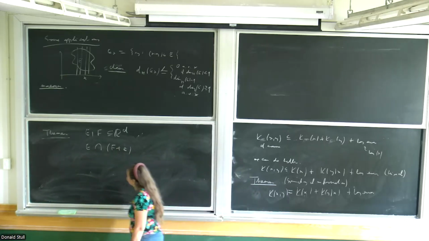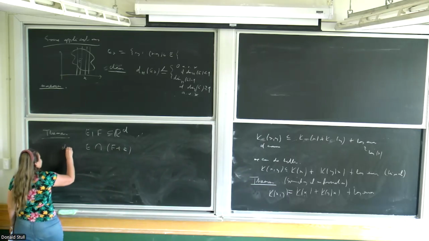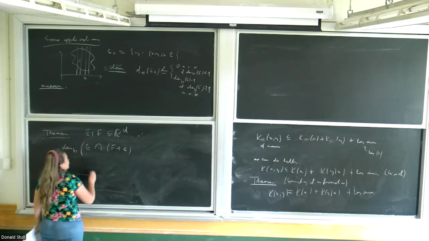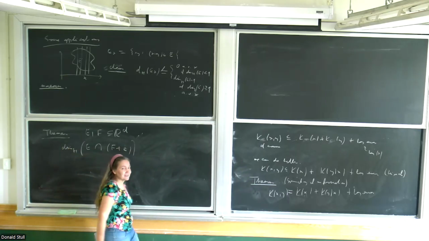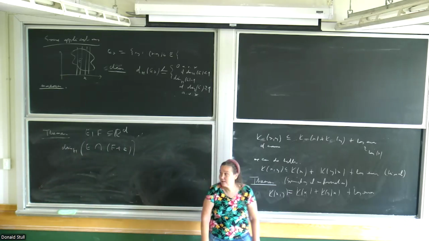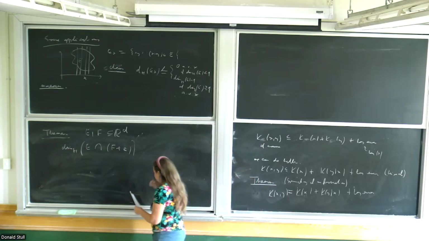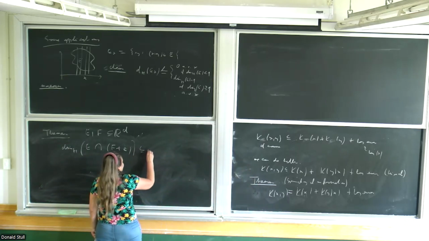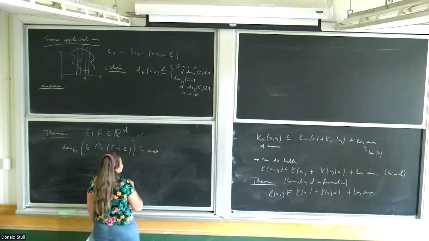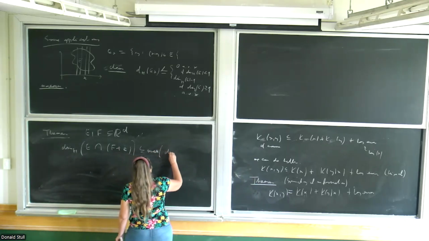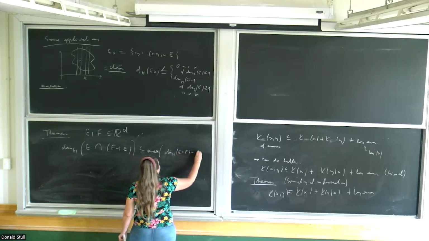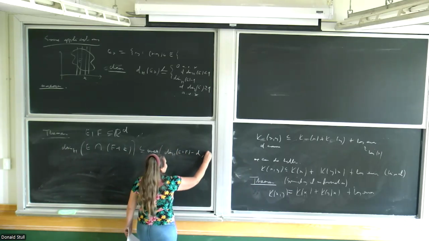And I'm asking, what is the dimension of this for almost every z? And the answer is that this was the maximum of the dimension of the product minus d and 0.